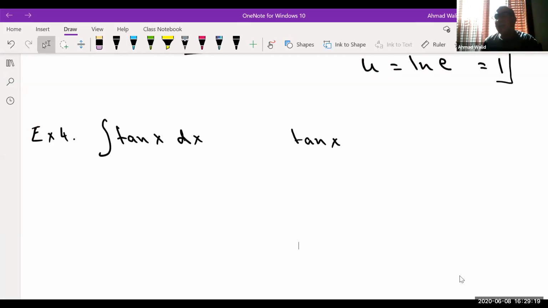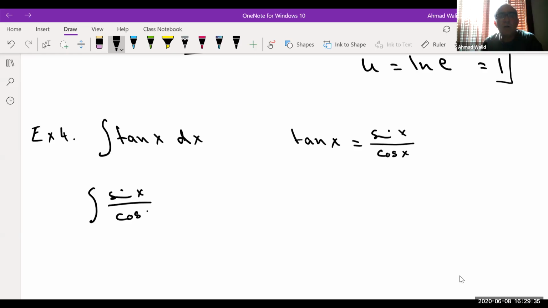The integral of tan x dx. From trigonometric class, we know tan x equals sin x over cosine x. Let's rewrite this problem as the integral of sin x over cosine x dx. Here again, you use substitution because you definitely know that the derivative of cosine x gives you sin x.